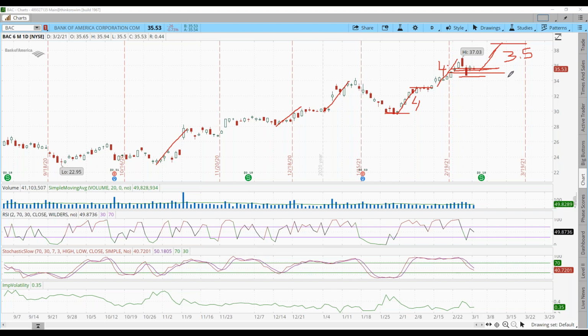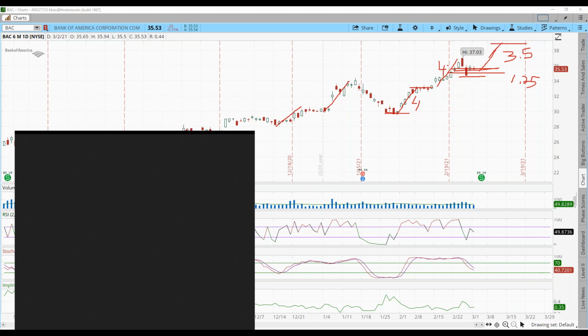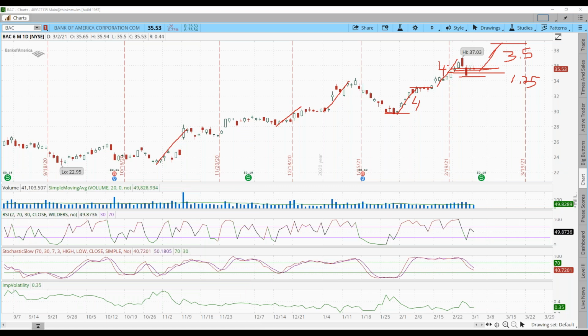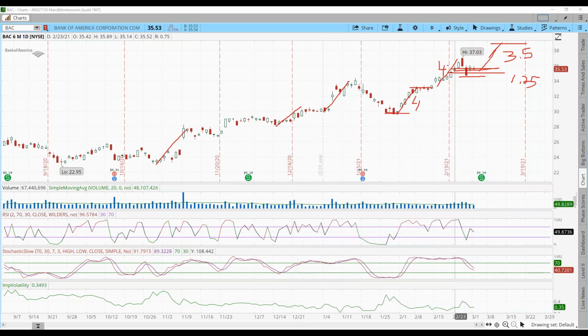If I'm getting in at 34.5 and getting out at 34, might even say 34.25, that would be $1.25 to the downside. 3.5 divided by 1.25, 2.8 to 1 reward to risk ratio.